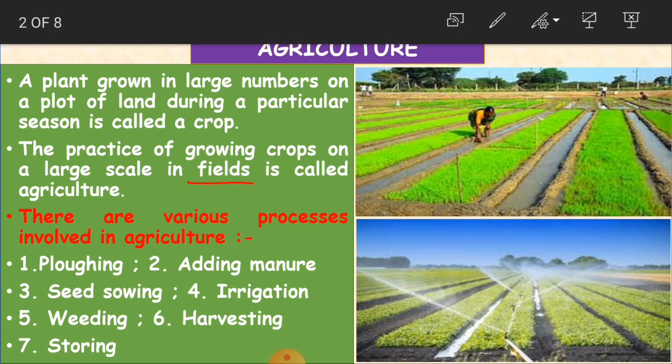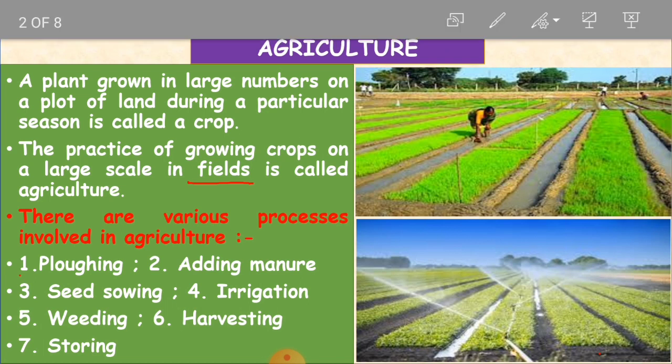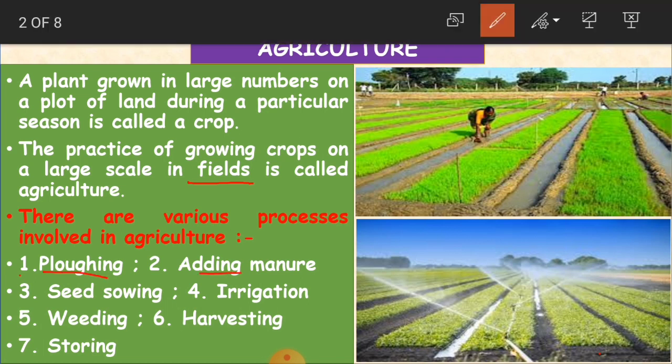So all these things take part in the process of agriculture. It's like one by one. This is a process to get the crop in a successful manner. So you have to follow this process in agriculture.